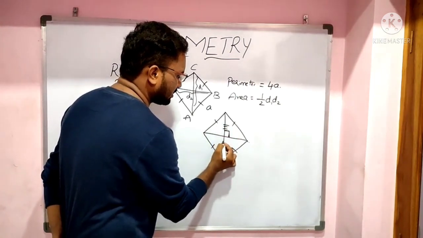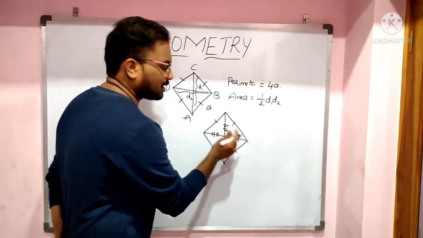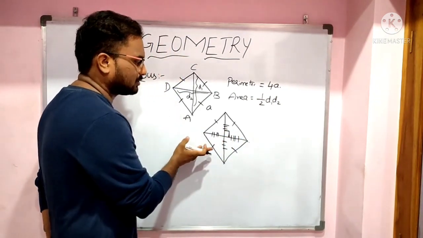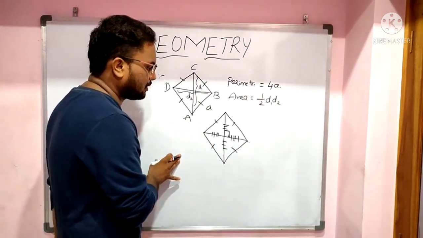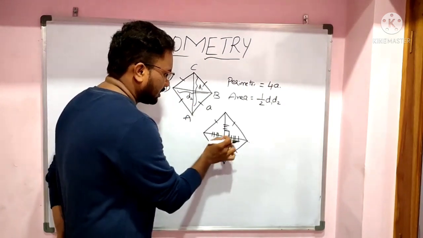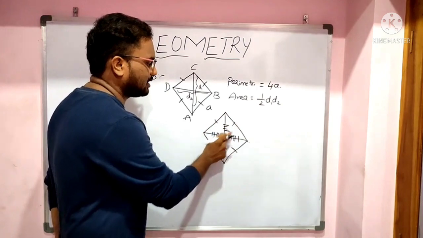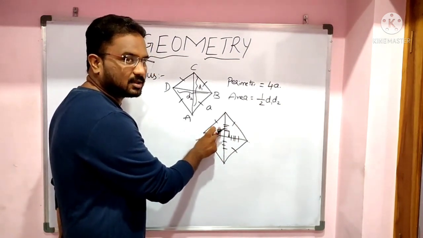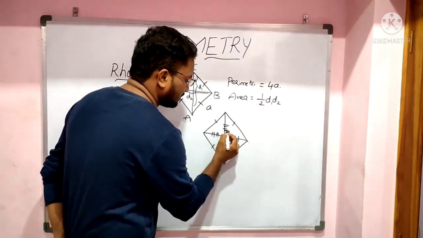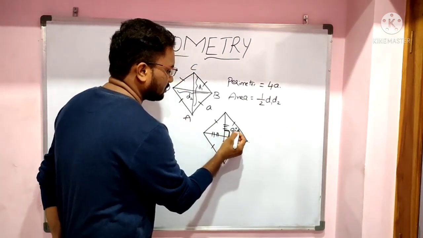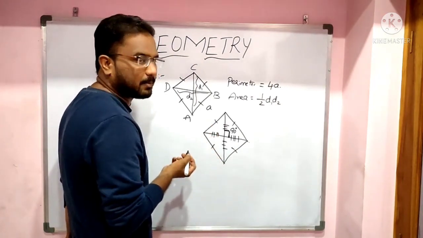The diagonals bisect each other because it is a parallelogram. The properties we have discussed in parallelogram are also applicable to rhombus. In an isosceles triangle, median, perpendicular bisector, altitude, all are the same. So hence it is 90 degrees. So in a rhombus, the diagonals bisect each other perpendicularly.